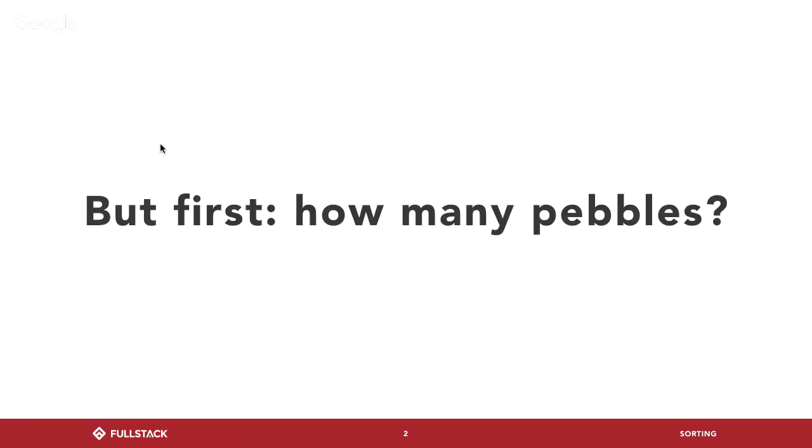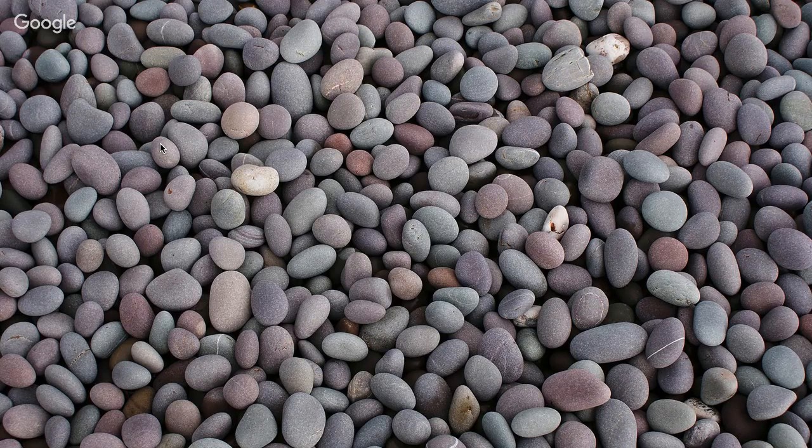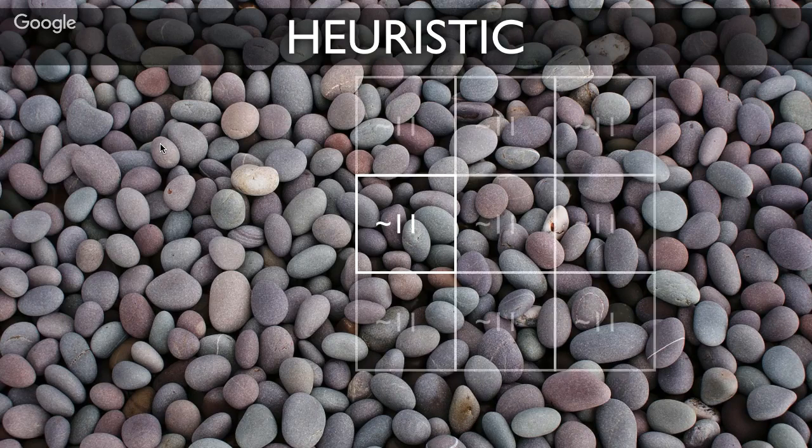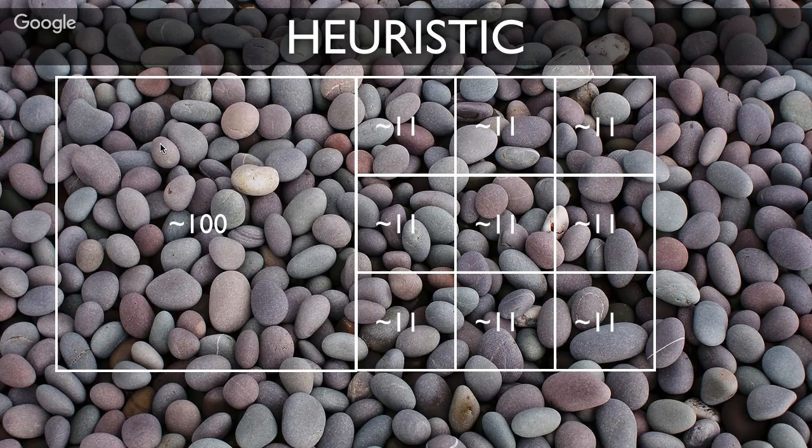Before we do that, here's just an example. We wanted to go out and figure out how many pebbles were in here. How do you think we could do it? We could actually count every one of them, right? Or we could approximate by looking at a square, count how many pebbles are in that square, and then figure out how many squares we have, and end up coming up with some kind of answer.